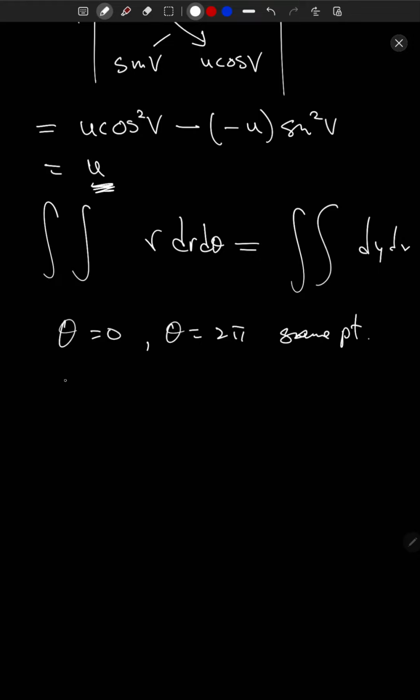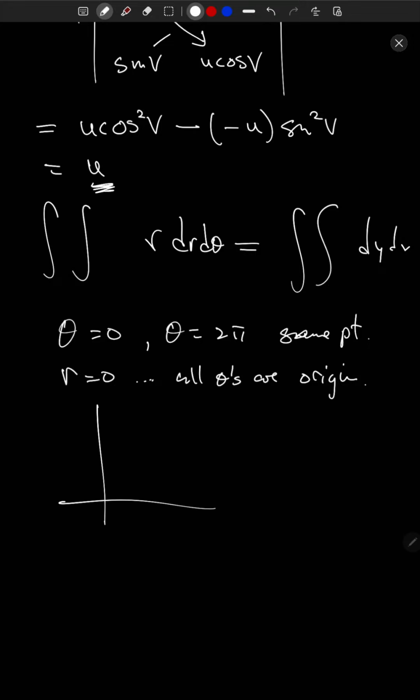And then we also have the issue that when r equals 0, all the thetas are the same point, our origin. So you do have to be careful when using polar coordinates. But if you only integrate from 0 to 2 pi, you're not going to accidentally repeat some parts of your integral. But you do have to be aware of this.